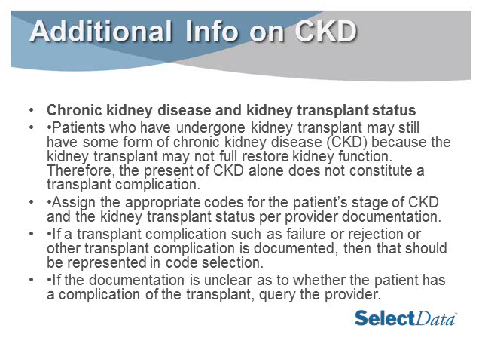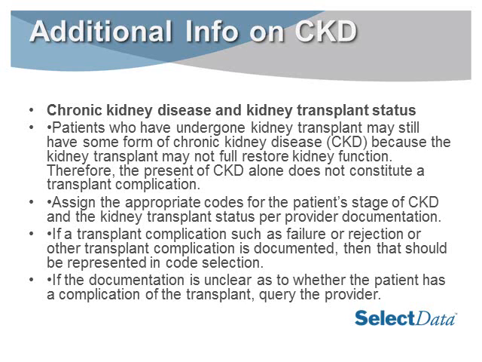If you have a patient with chronic kidney disease who has a kidney transplant status, some patients who've undergone kidney transplants still have some form of chronic kidney disease because the kidney transplant does not always restore full kidney function, and therefore the presence of CKD alone does not constitute a transplant complication. You would just assign the appropriate codes for the patient's stage of CKD and the kidney transplant status as per the provider's documentation.